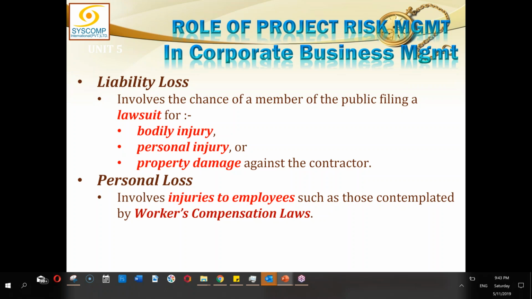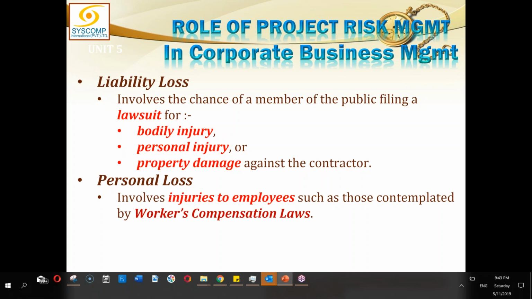Then there could be personal loss, which involves injury to the employees, such as those contemplated by the workers' compensation laws. So in your factory, in your organization, your employees have been injured by something.